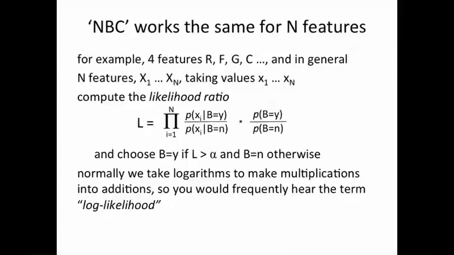Note in particular that you really need to consider all possible features, even those that don't occur in the query. So if you have 1,000,000 words and your query consists of 4 words, you need to multiply the probabilities for 1,000,000 words.